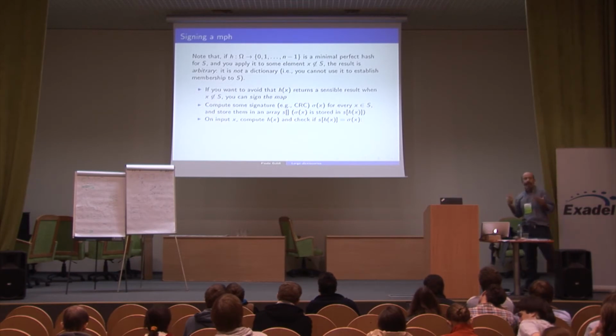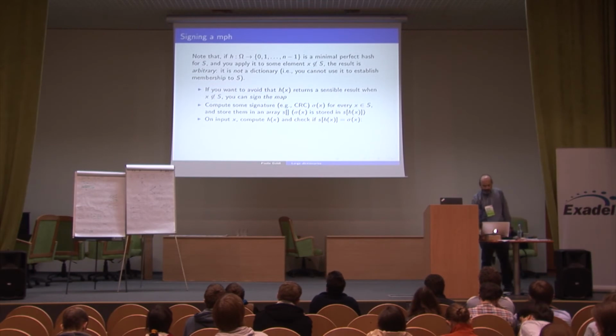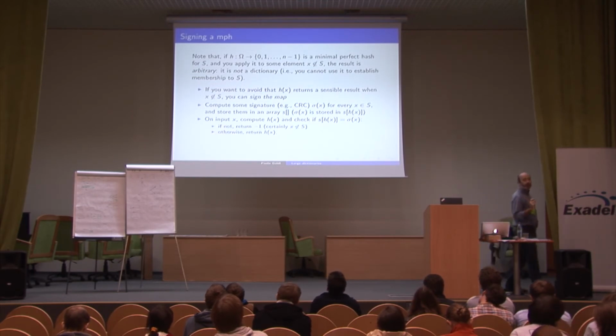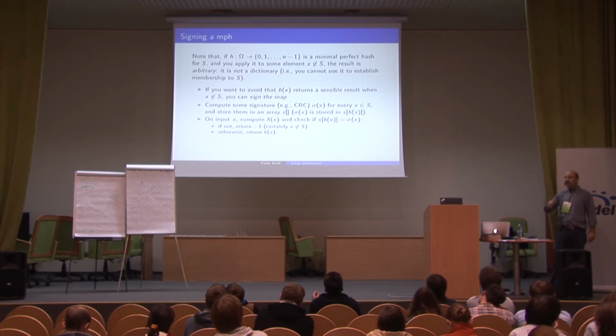So there is a high probability that these two elements will not be equal. So if they are equal, you return h of x. If they are not equal, you return -1. And here you can play on how long you take the CRCs. If you take long CRCs, the probability that by chance they are equal if they are not will be negligible.